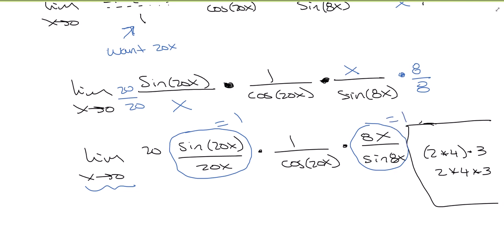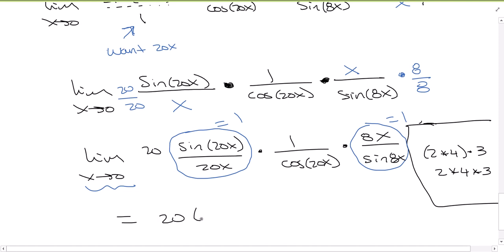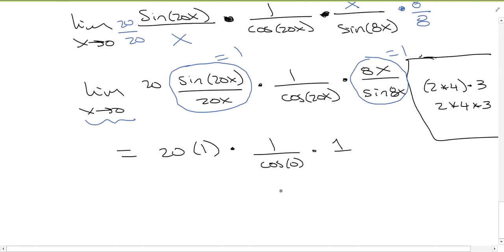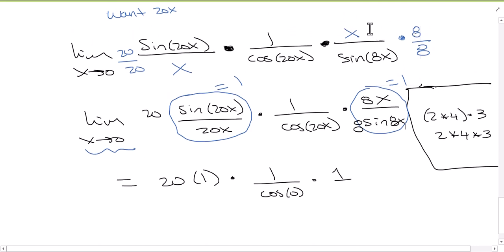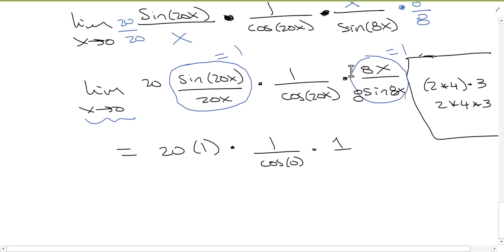So I'm left with, as we plug in 0, 20 times 1 times 1 over cosine of 20 times 0, which is 0, times 1. And wait, what happened to my other 8? I should still have 8 over here, because I have 8 over 8. So 8x and 8 times sine of 8x.